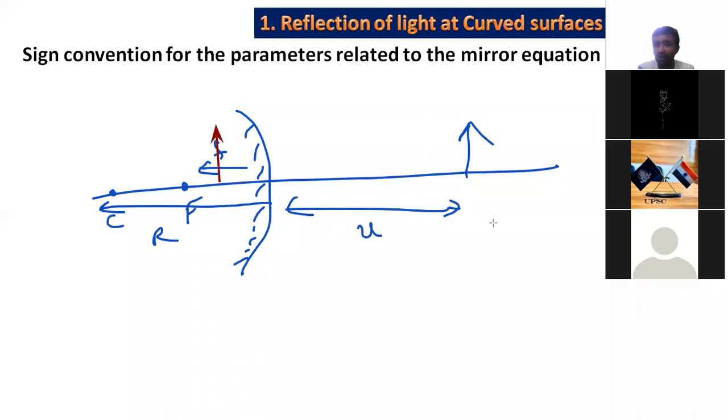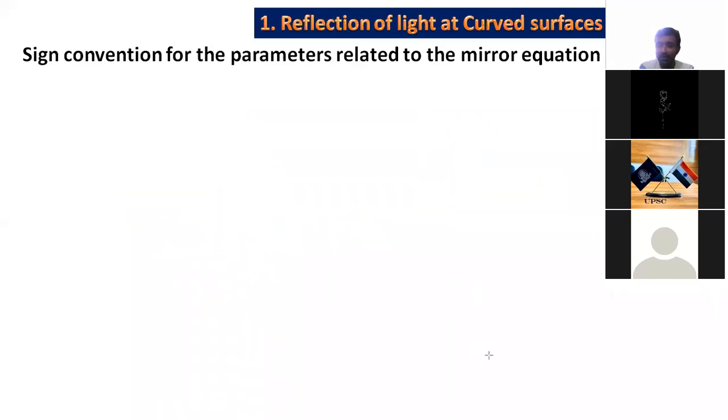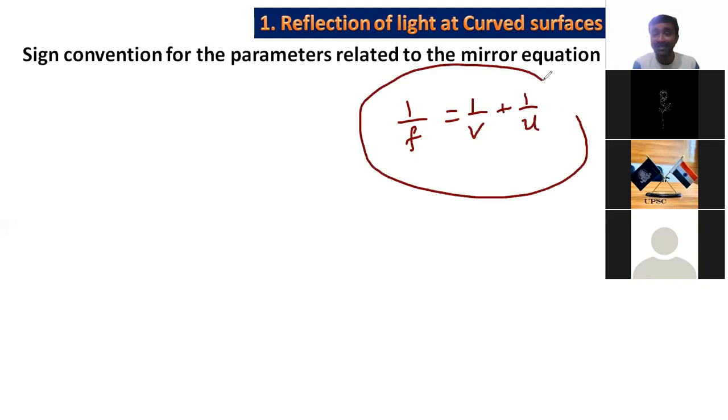So now we'll go for rules of sign convention, right? Here, why are rules given? Why symbolically are we using the parameters here? Because we got a relation. What is that? Mirror formula. Mirror formula is: 1 by f equal to 1 by v plus 1 by u. This is called the mirror formula. It is applicable for any situation.